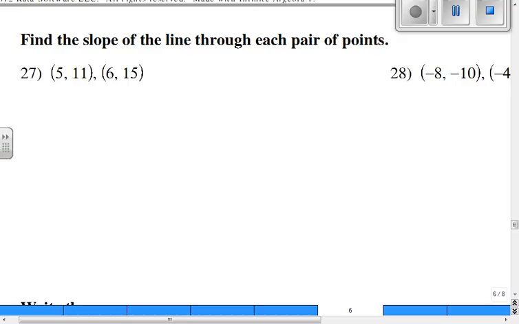Okay, we're asked to find the slope of the line through each pair of points. Well, if we remember, every point has an x and a y.